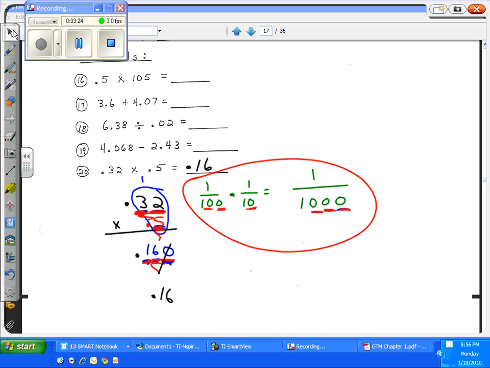So we've added with decimals, we've multiplied with decimals, we want to divide with decimals. So let's look at number 18.